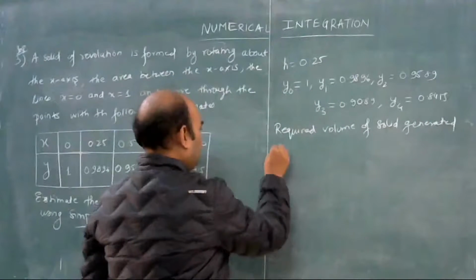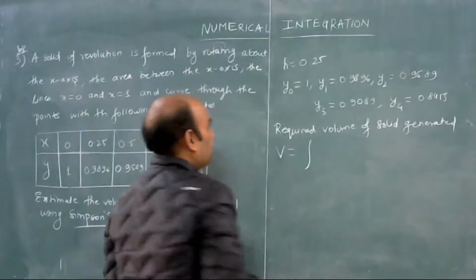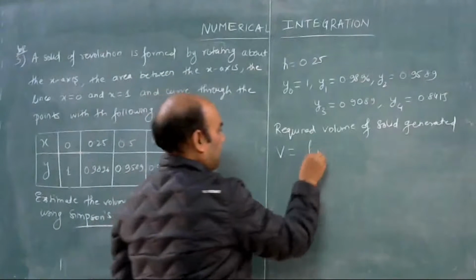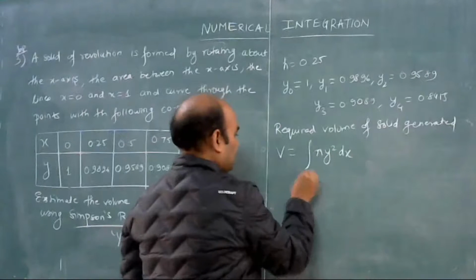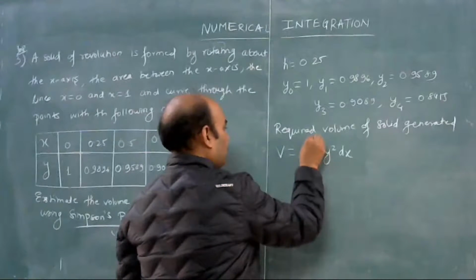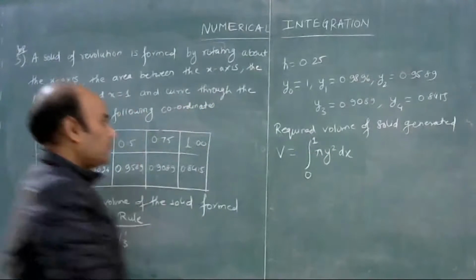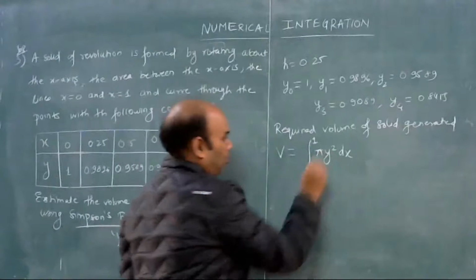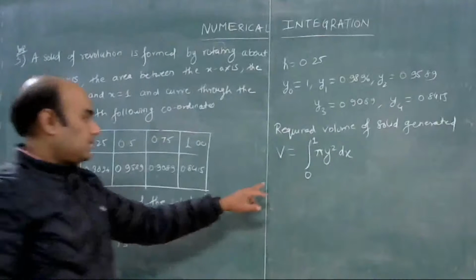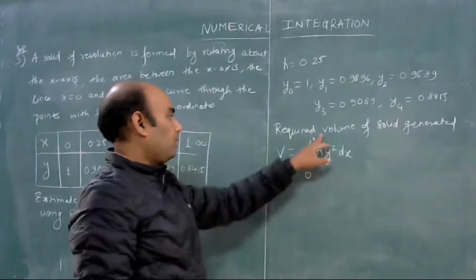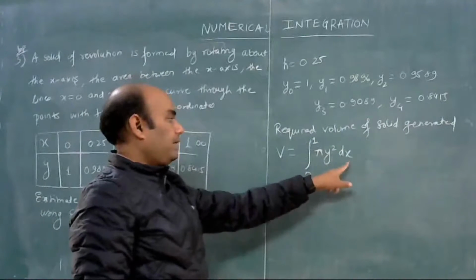So volume V will be equal to integration of pi y square into dx, and x is extending from 0 to 1. Okay. So this will be the formula for finding the volume. This is area into dx.